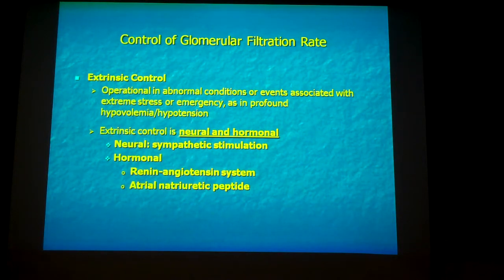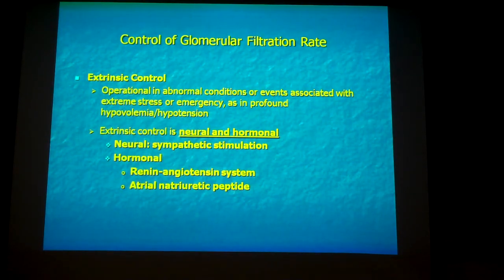And we've got to call on some external means to increase the glomerular filtration rate. The kidney is limited in what it can do. So the extrinsic control is both neural and hormonal. The neural part is sympathetically stimulated. The hormonal part involves this system right here, and later this.